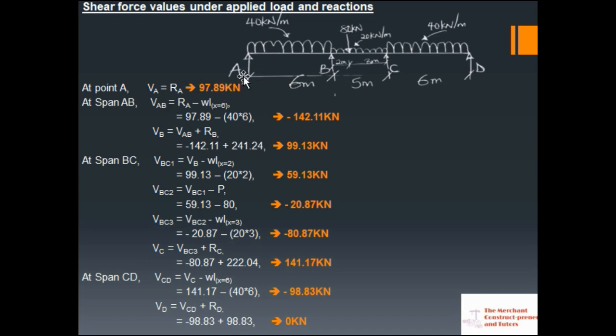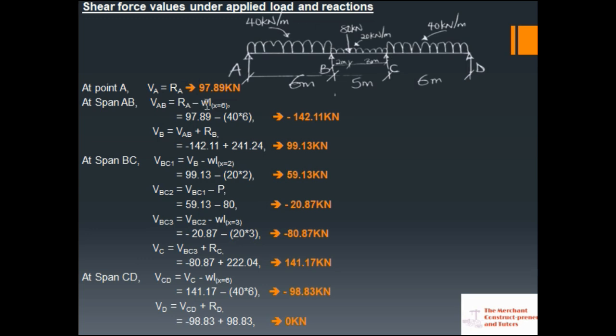Will that be upward minus downward? So converting this into downward, that is 40. Since there is no other dimension up till point B, we have it as WL, that is at x equal to 6, RA minus, this is upward force minus downward force to get the shear force between this span.